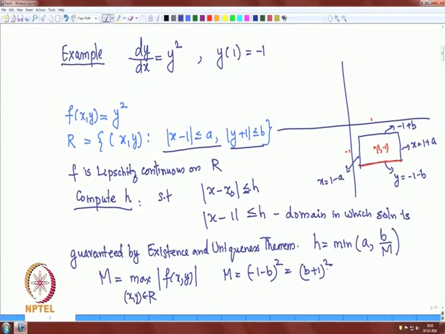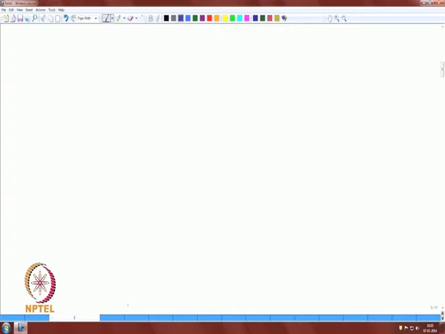So, we are looking for h, which is the minimum of a and b by m, and we got m as (b + 1) the whole square. So, we want to know which is minimum.